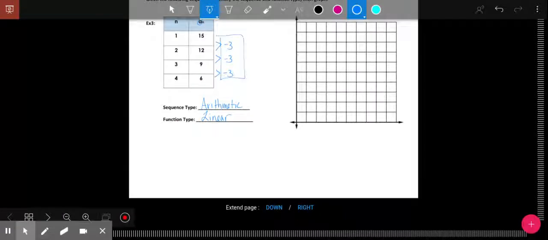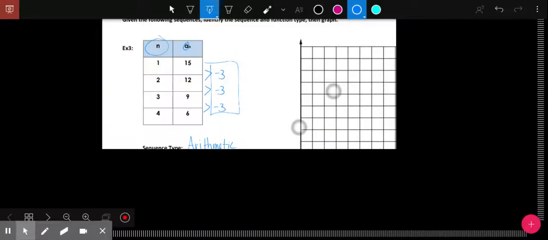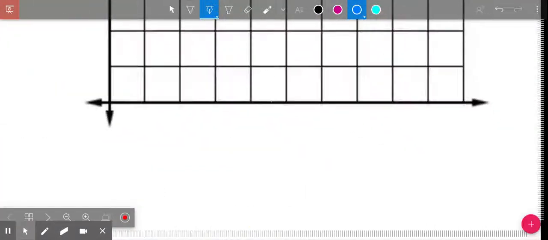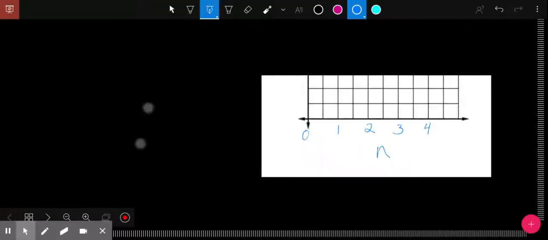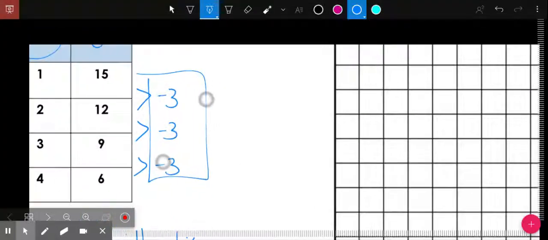All right, so now we're going to set up our graph. The very first thing we always do when we set up a graph is label. We have n right here, so that's going to go on our x-axis. So we have 0, 1, 2, 3, and 4. Make sure you space them out so you have enough room. And then for our scale on the y-axis, it's going to be a sub n.